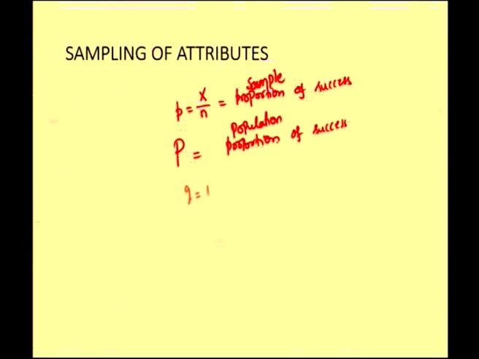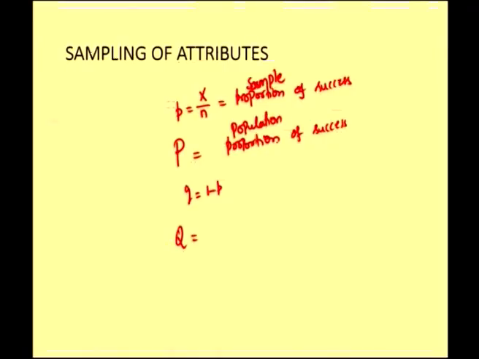Q is equal to 1 minus P. This we have already seen in binomial distribution. Q stands for proportion of failure. Proportion of failure in the sense proportion of the number of persons not possessing the attribute A. Similarly, q will have the same meaning as in the binomial distribution. q is equal to 1 minus p. q stands for the proportion of failure, in the sense the number of persons in the sample of size n not possessing the attribute.